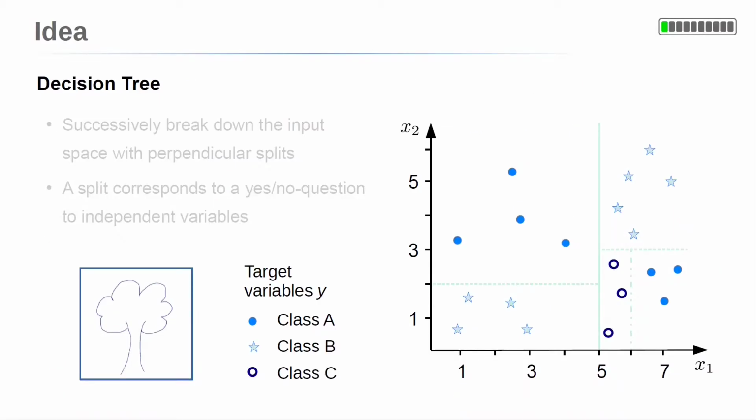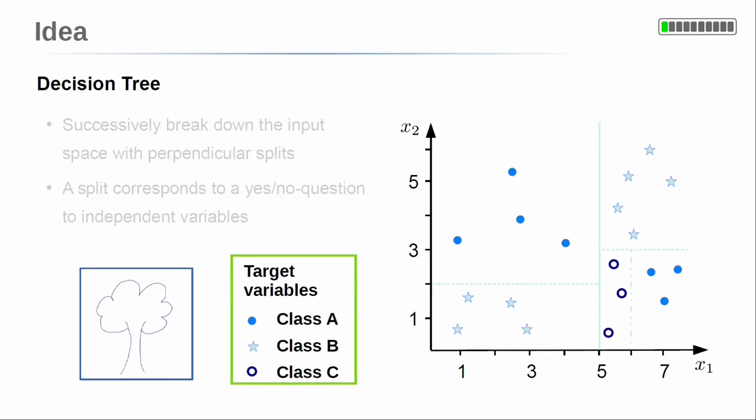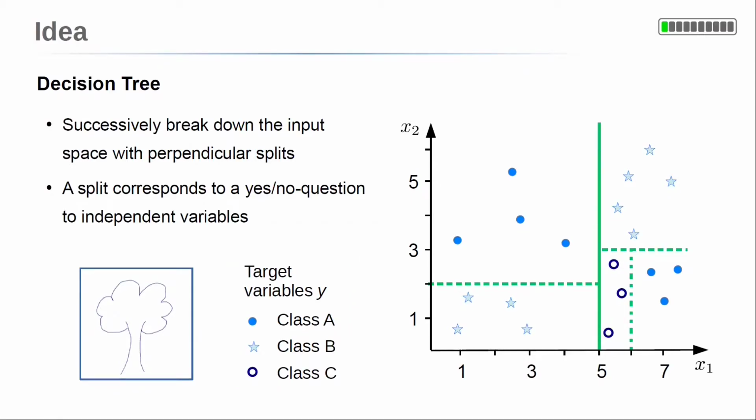Let's consider an example for a classification problem with multiple classes. Here, in the example on the right, we have two input variables, the independent variables x1 and x2. Further, we have three different classes, symbolized by light blue dots, blue stars, and dark blue circles. The idea of a decision tree is to successively break down the given training data into regions of data points of the same class.